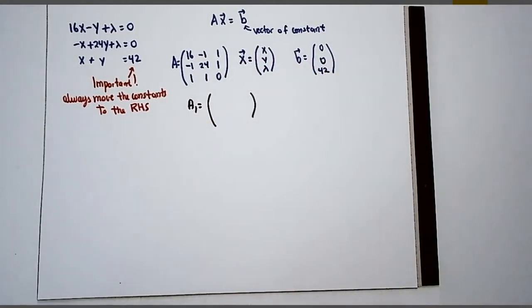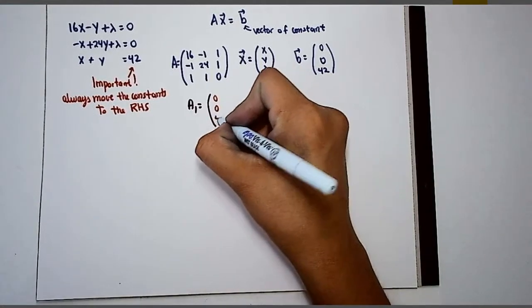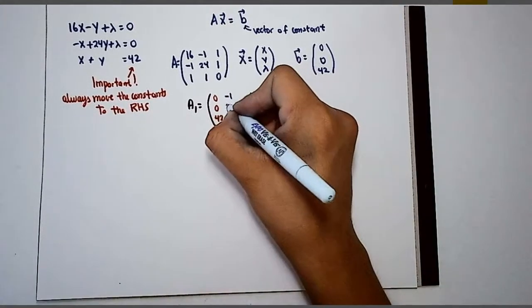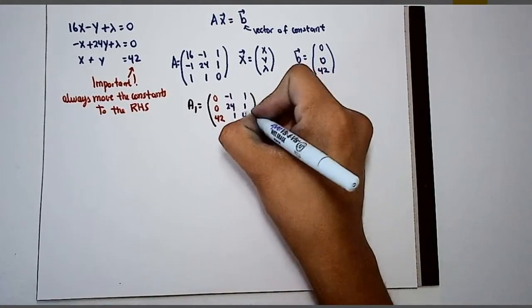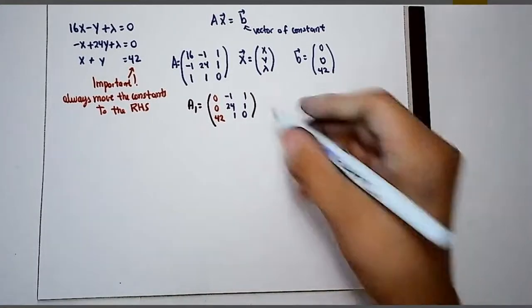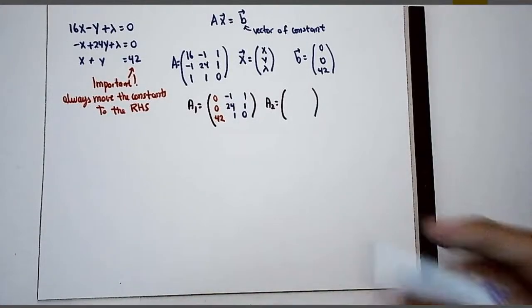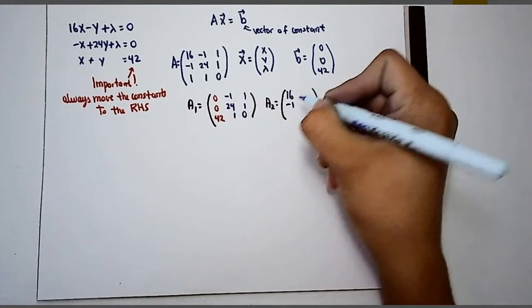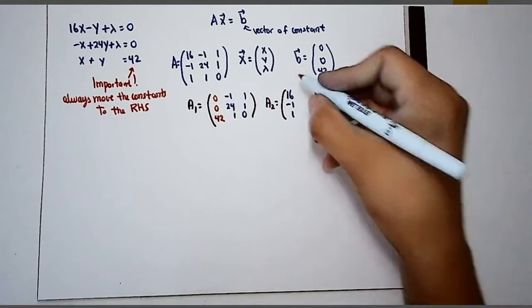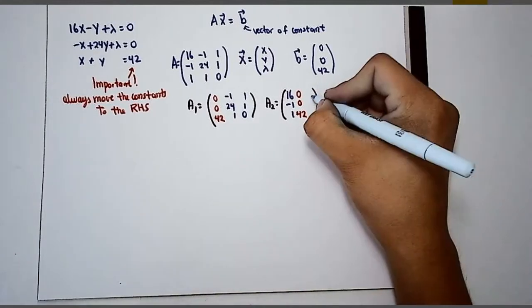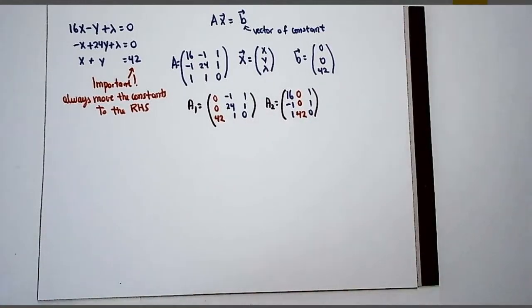The first submatrix is the matrix A, except that the first column is replaced by the vector of constants. Then A sub 2 and A sub 3.